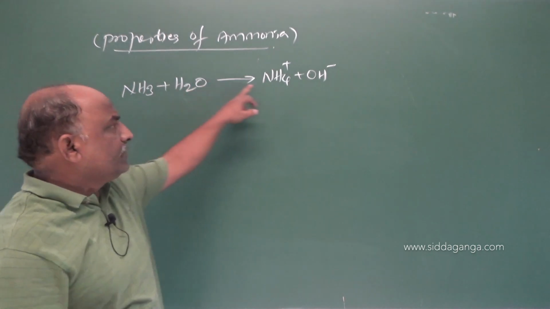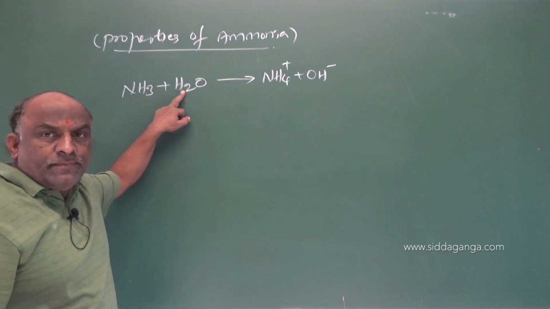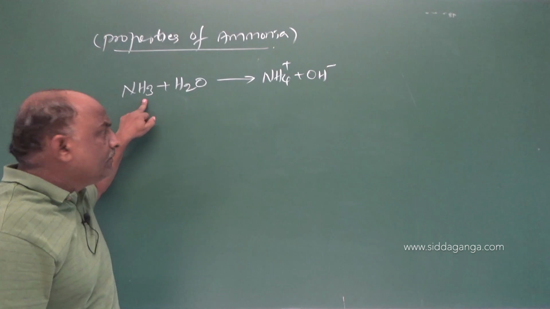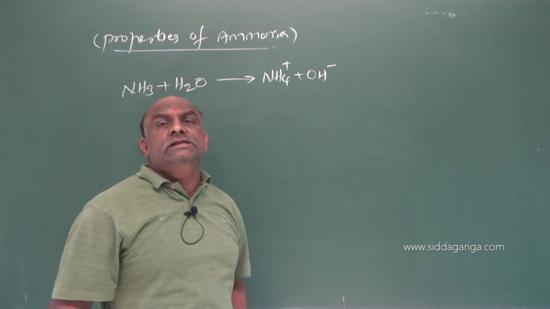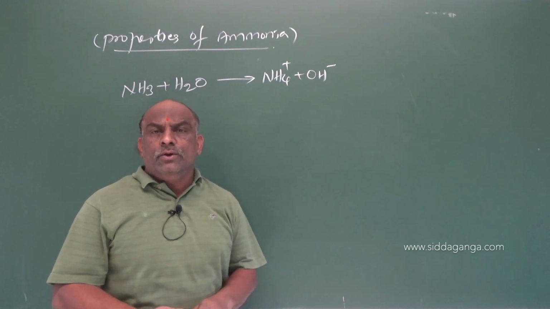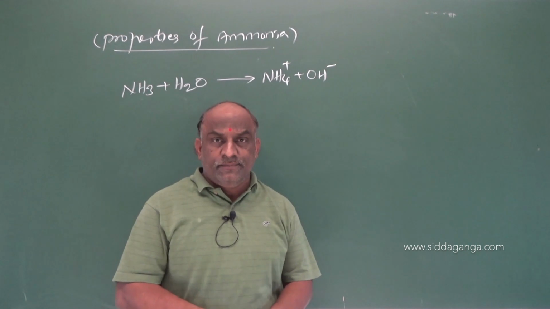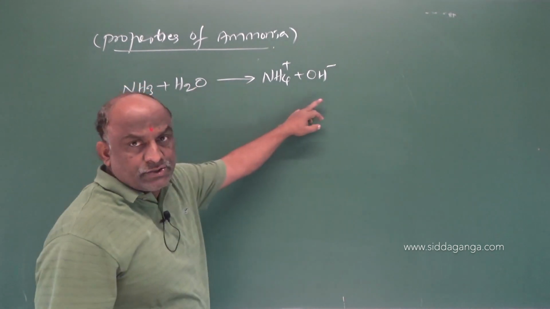NH4 plus and OH minus. One proton is donated by the water molecule. It is the proton donor, and this is the proton acceptor, according to Bronsted-Lowry acid-base theory. Proton donor is called an acid. Proton acceptor is called a base. Clear? So base 1, base 2, acid 1, acid 2.